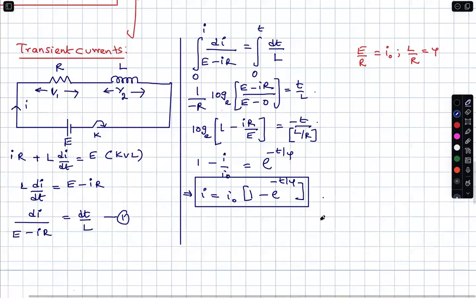Please try to understand that is the expression for current at any instant. Now if I plot the current versus time graph, I'll get a graph like this.